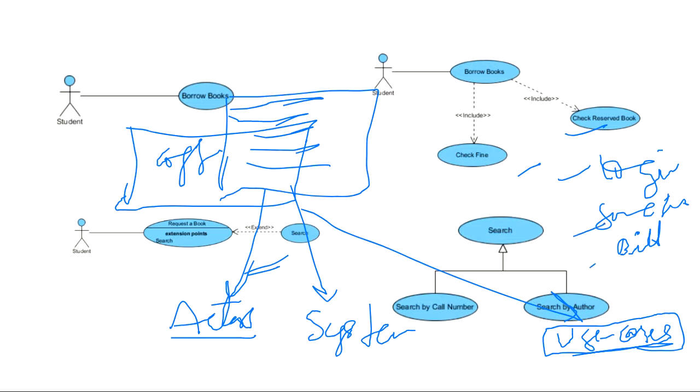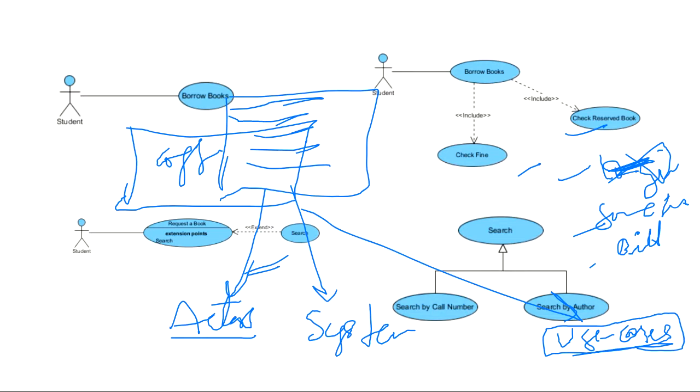Apart from them, if you need anything that may help in your overall use case diagram, you may include that, but you cannot miss any of them. You cannot miss any of these. Whatever has been asked in the question, that is the bare minimum requirement that has to be there. Besides that, if you are adding something and it's adding some extra information to your system, you may include it.